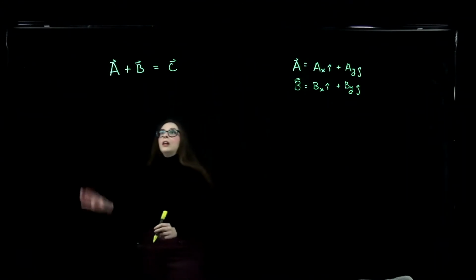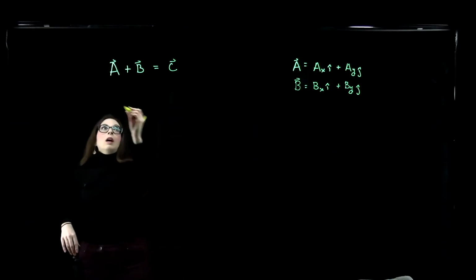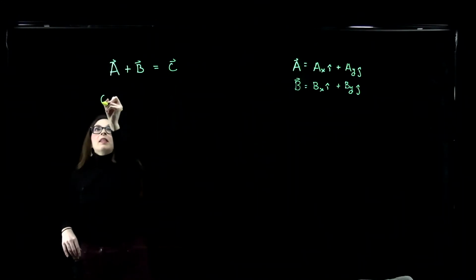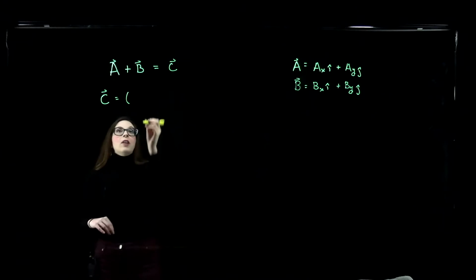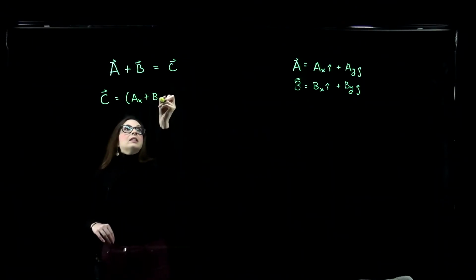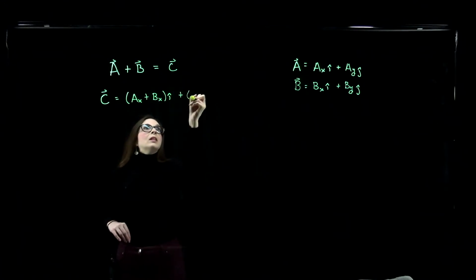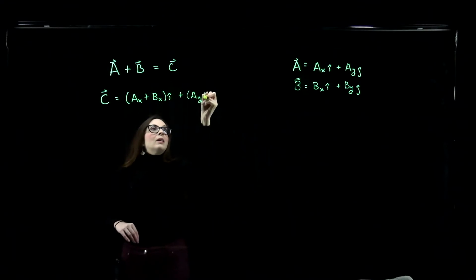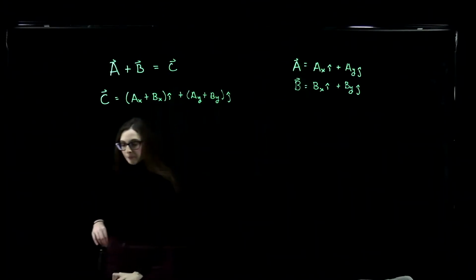So if I'm adding up two vectors to give me vector C, then I can say that vector C is equal to, when we add up the components of the vector, (ax plus bx) i hat plus (ay plus by) j hat.